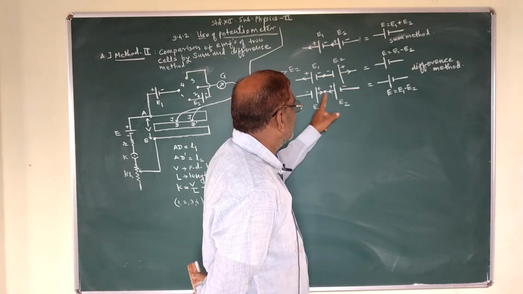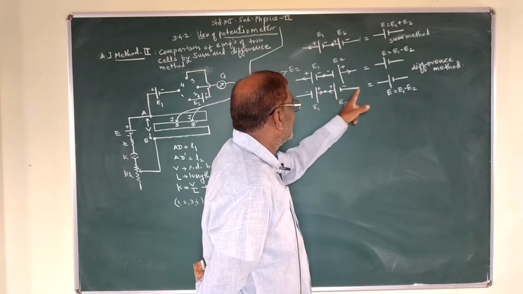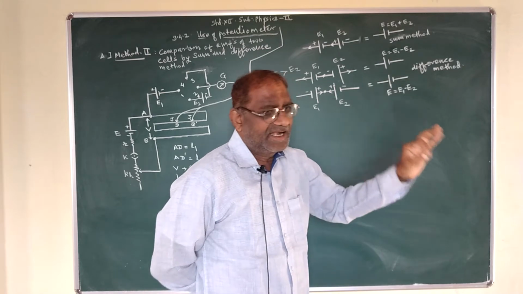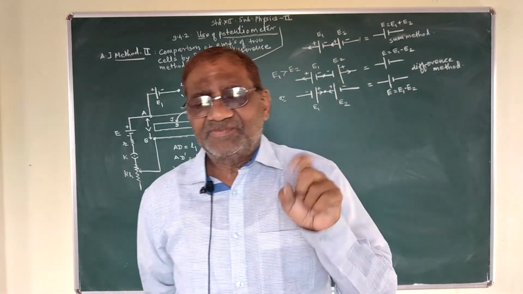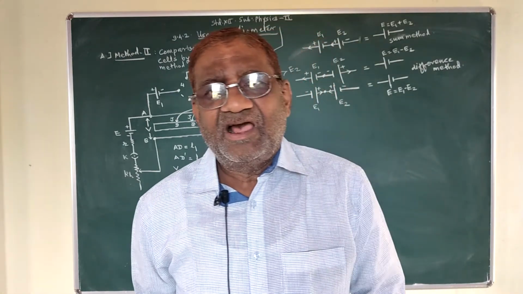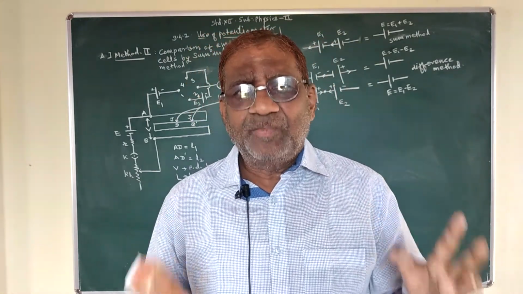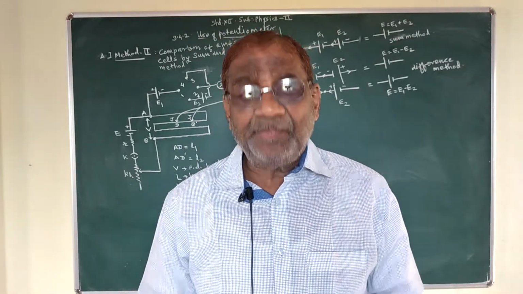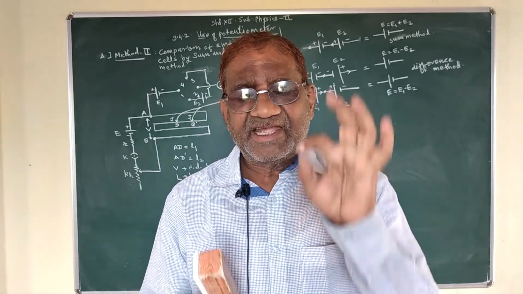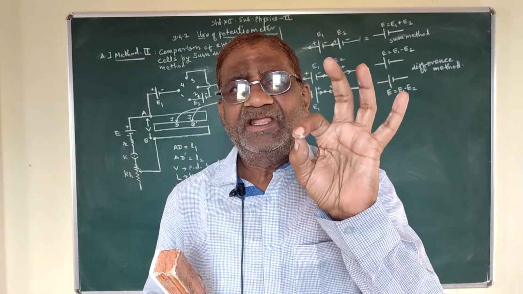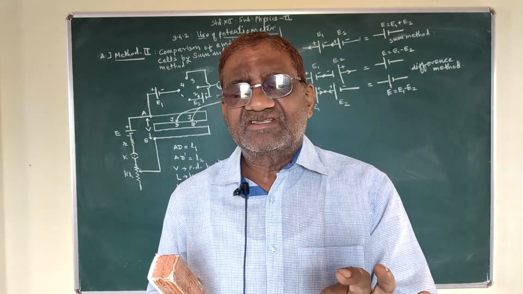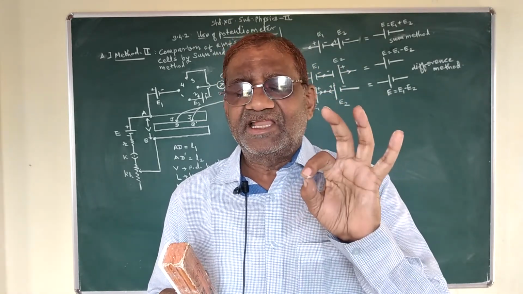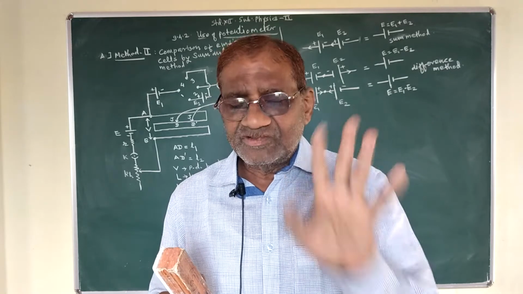Likewise for the positive terminals, again these two currents are oppositely directed. Hence, this method is called the difference method, or when both the cells oppose each other. If the negative terminals of both the cells are connected to a single common point, or the positive terminals of both the cells are connected together at a single common terminal, then it gives the difference of EMF of two cells.